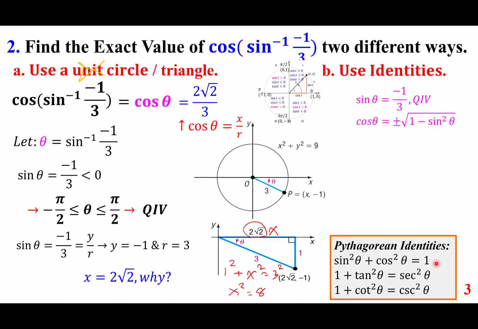I hope you can see from here you can make up quite a few equations. One of them is this. You have to write plus or minus and then make a decision based on the quadrant. Because it's in quadrant 4 and cosine is positive, you use the positive one. And you replace the sine with negative 1/3. This is 1 over 9.